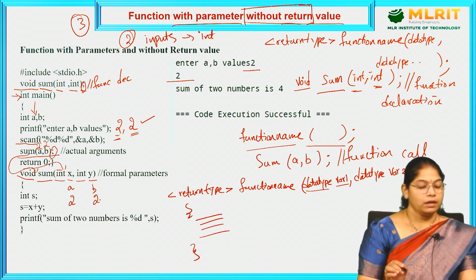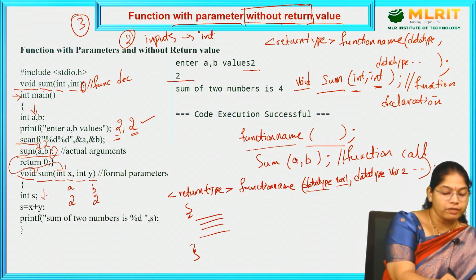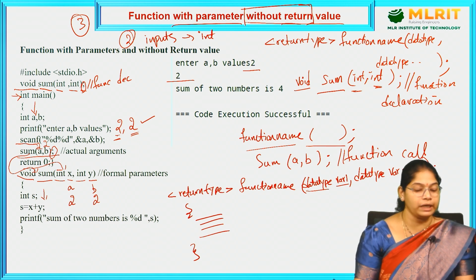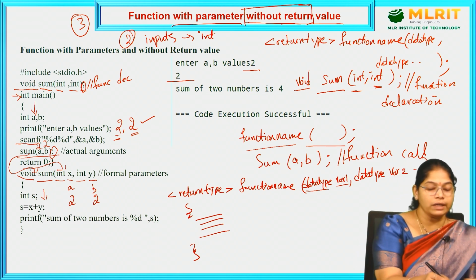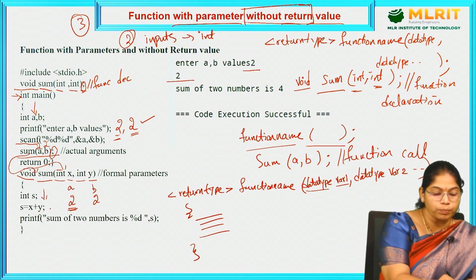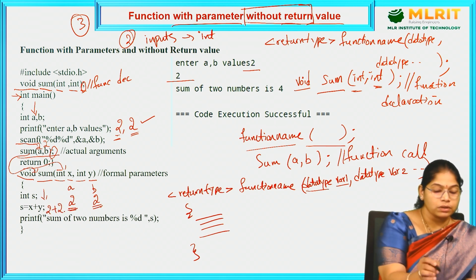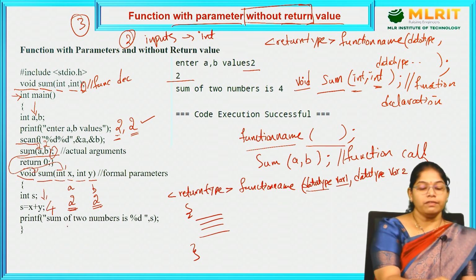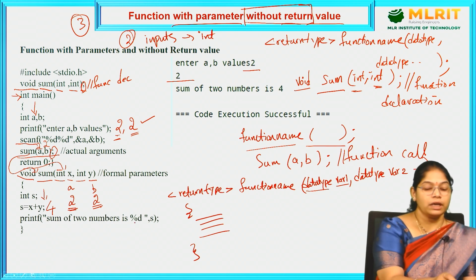Then in the function definition, I consider one more variable called s, which is of type int. Then s is equal to x plus y, where x value is 2 plus y value is 2. Then 2 plus 2 is 4. Then printf sum of two numbers.